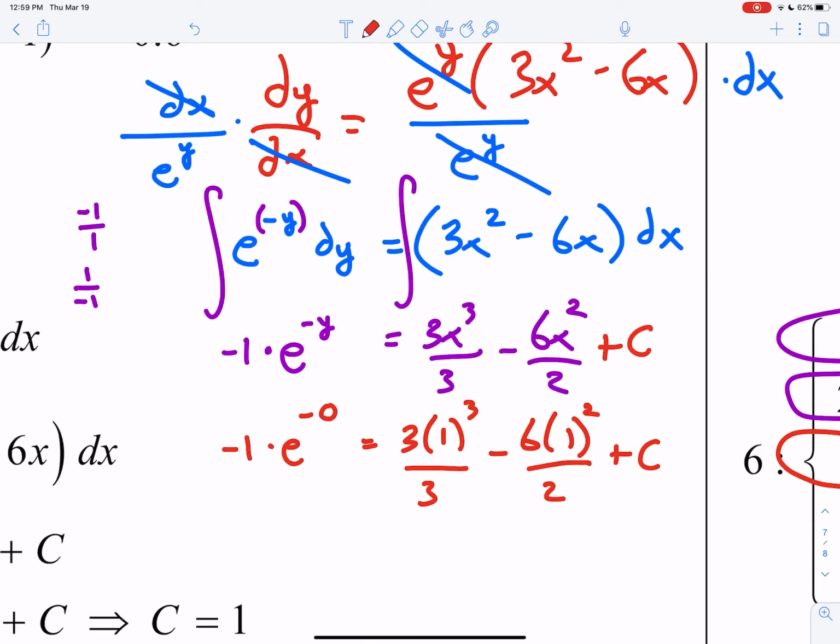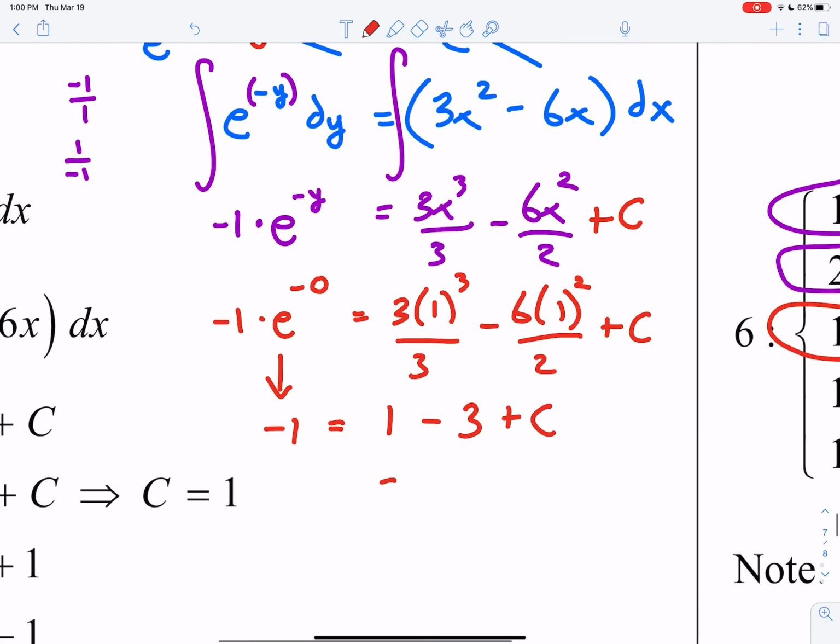You could leave everything bare and just move everything away from c, but this is simple enough for me to do. e to the 0 is just 1, so you're left with a negative 1 on the left side. 1 cubed is 1. 3 over 3 is just 1, minus 6 over 2, which is 3. So here I should get negative 2.